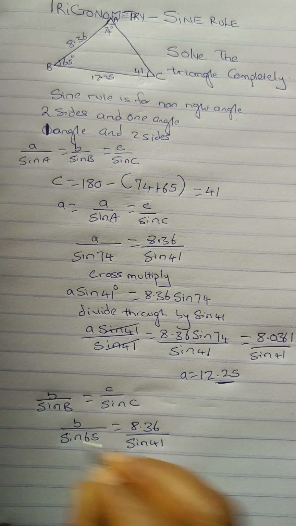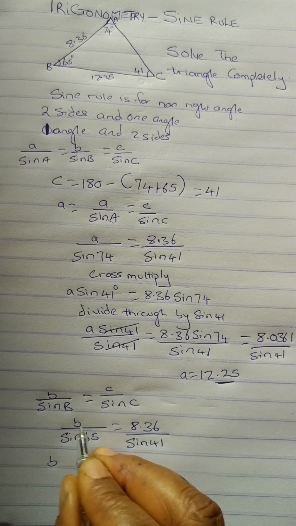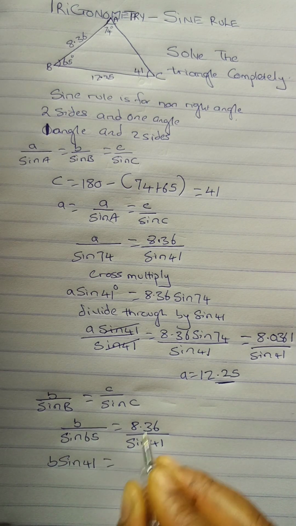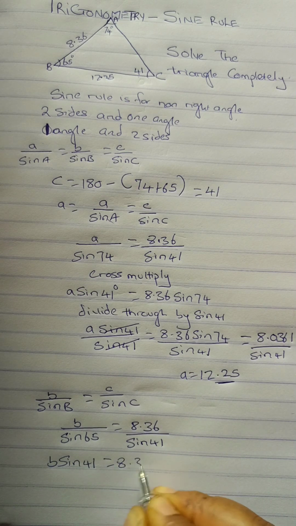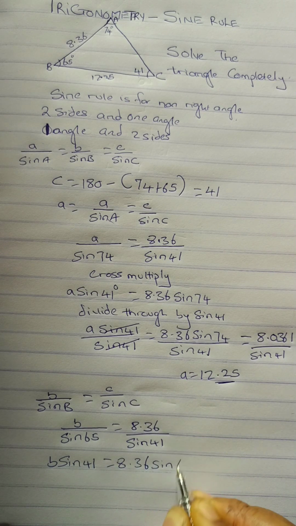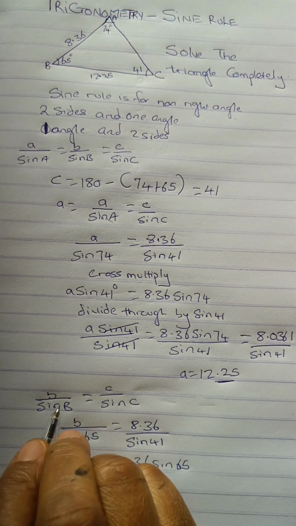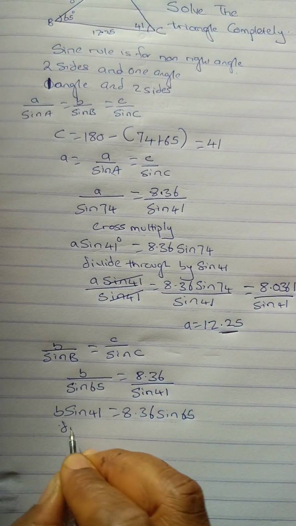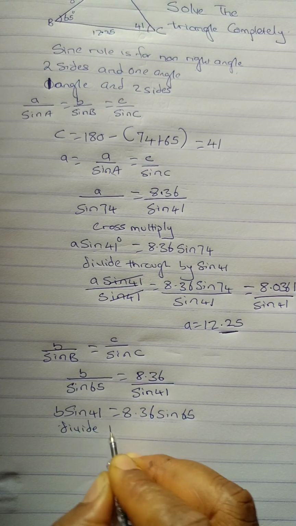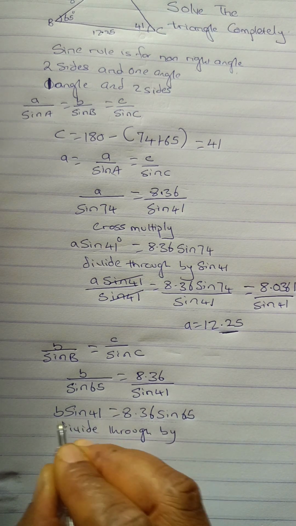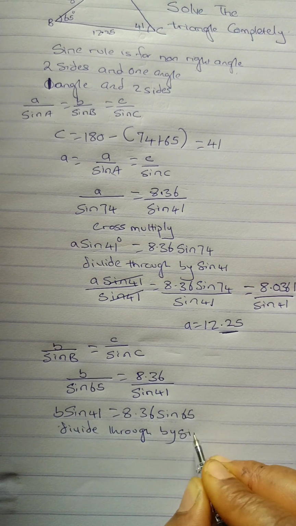So we cross multiply as usual, which will be b sine 41 equal to 8.36 sine 65. Now we want b to stand alone, so we divide through by sine 41.